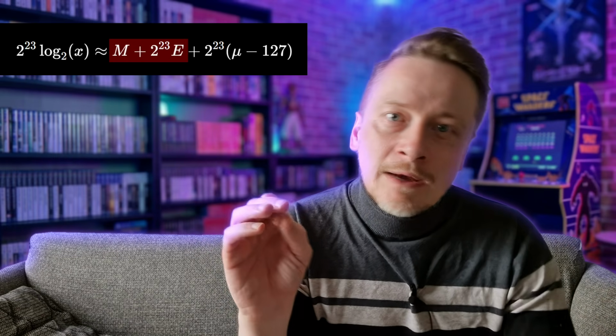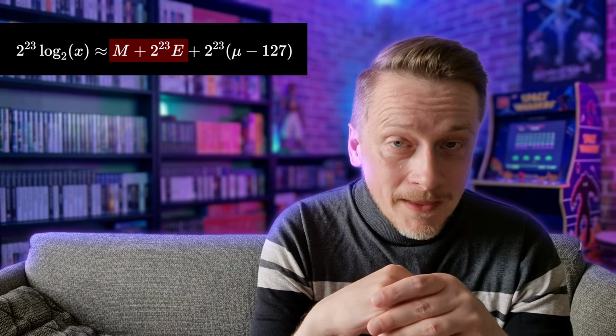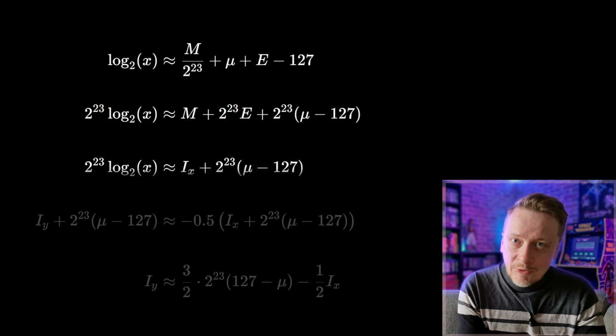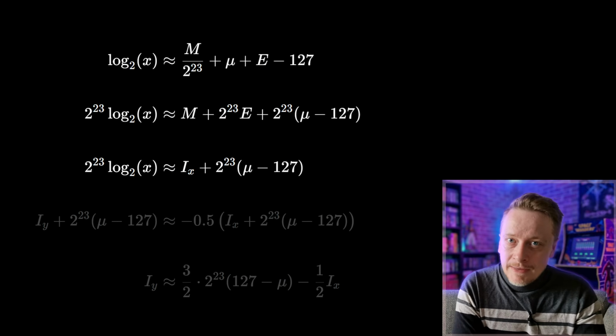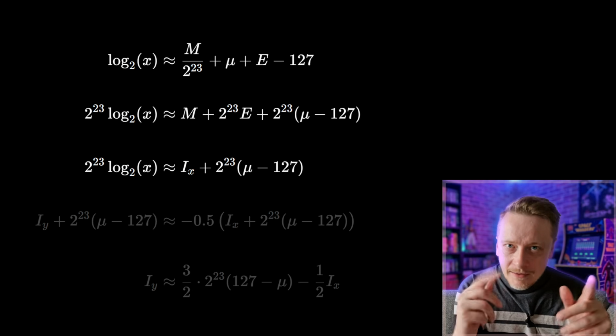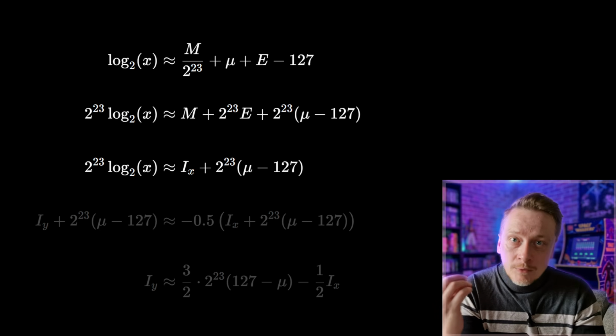Because of how bits are laid out in memory, that's literally just the integer representation of our float, the raw bits. Let's call it I sub x. So our equation simplifies to 2 to the power of 23 times logarithm base 2 of x is approximately equal to I sub x plus 2 to the power of 23 times the quantity mu minus 127.